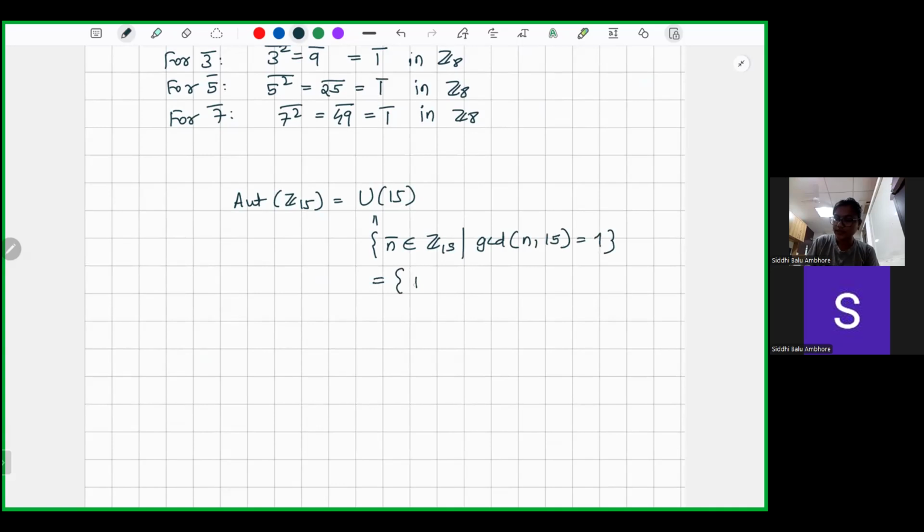So this will contain 1 bar, then 2 bar, 4 bar, 6 won't be there, 7 bar, 8, 9 won't be there, 10 won't be there, 11, 12 won't be there, 13, and 14. Okay, so what is this group? This is a group of order 1, 2, 3, 4, 5, 6, 7, 8. Is this correct?